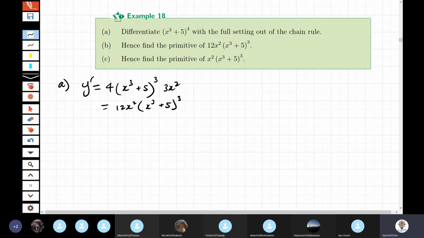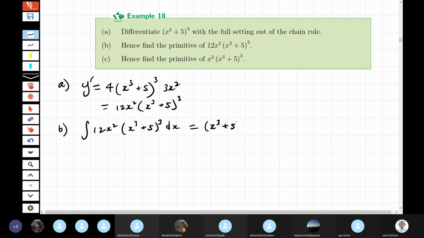Question says, hence find the primitive of 12x squared. Well, what would part B be? What would be the primitive or the integral of 12x squared, x cubed plus 5 cubed? It's the same thing. So tell me the answer. x cubed plus 5 to the power of 4.